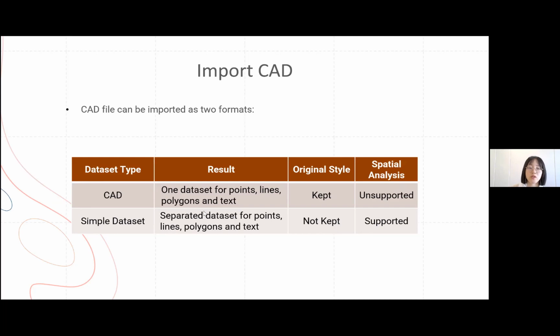That would be imported as separated datasets of points, lines, polygons, and text. But the original style designed in CAD software will not be kept. For the simple dataset format, you can conduct some spatial analysis further.